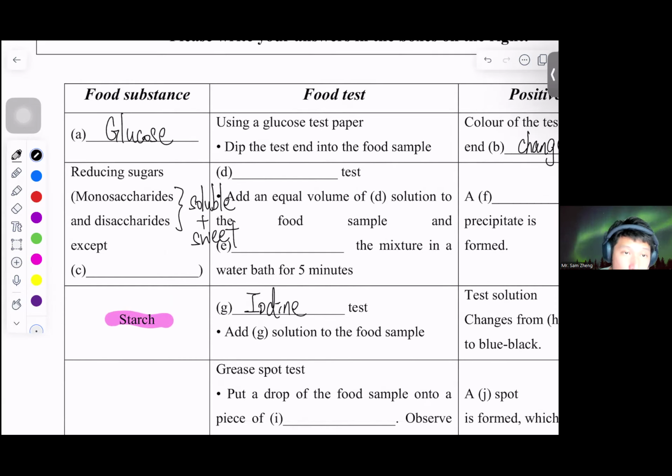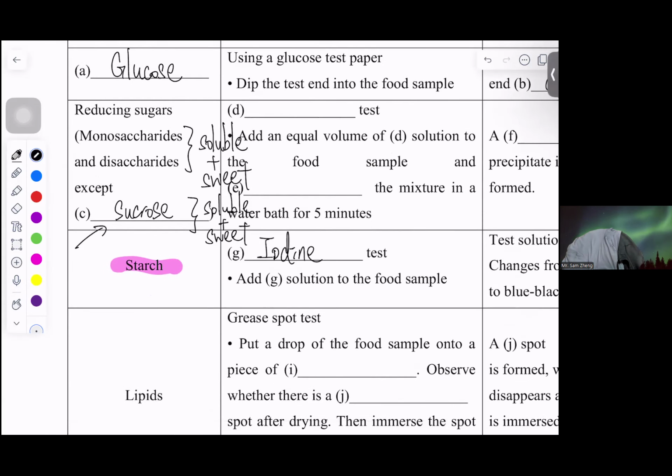But there is one exceptional case, which is not a reducing sugar, our sucrose. Please be reminded that sucrose is a type of sugar. It is also soluble and also sweet, but sucrose is not a reducing sugar.